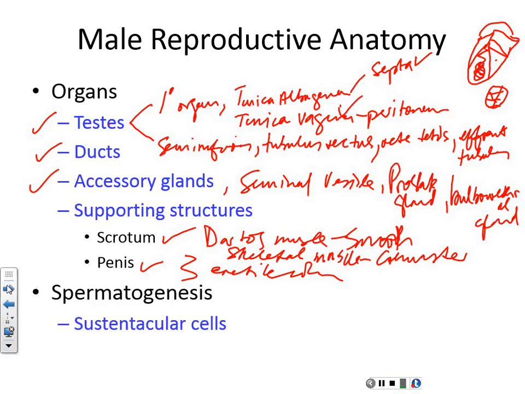And then spermatogenesis, of course, occurs in the seminiferous tubules, helped out by sustentacular cells. And you gotta know the processes of spermatogenesis, right? So we start off with spermatogonia that divide mitotically to produce two daughter cells, type A and type B. The type A becomes the primary spermatocyte, right?